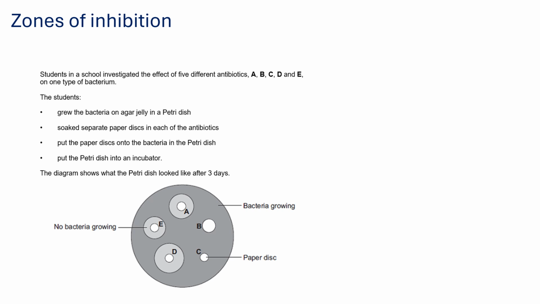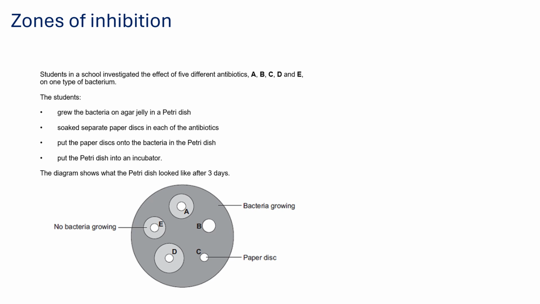Lastly, I have included a question that crops up quite regularly concerning the practical in B3, communicable disease. This was where students set up an agar plate that was infected with a bacteria, and different antibiotics were placed on the agar plate.